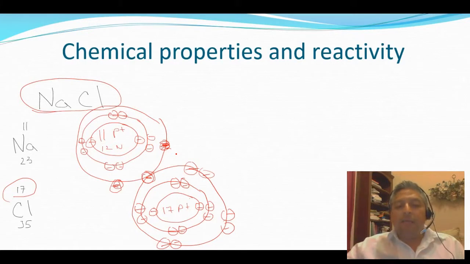The third energy level can have a maximum of 8 electrons. So if this one has 1 and this one has 7, the most sense we can come up with is that these two are going to join together. They're going to create table salt, and this is something we can actually predict, right?